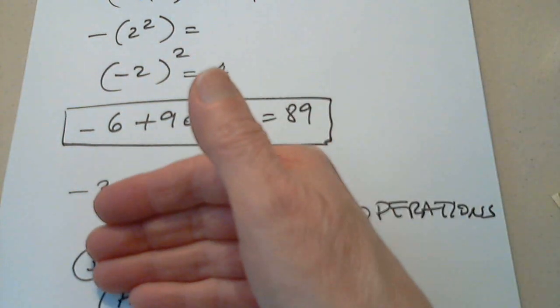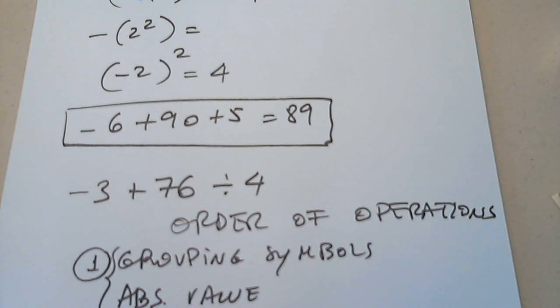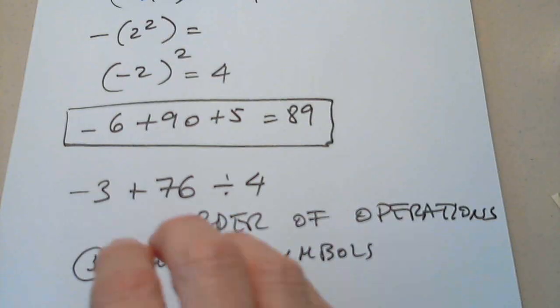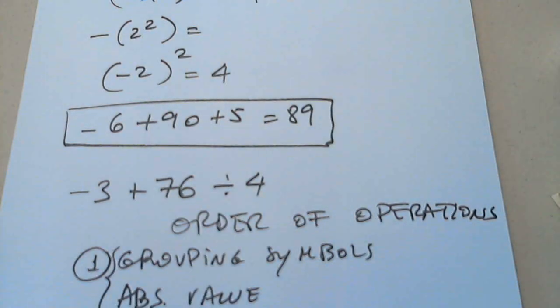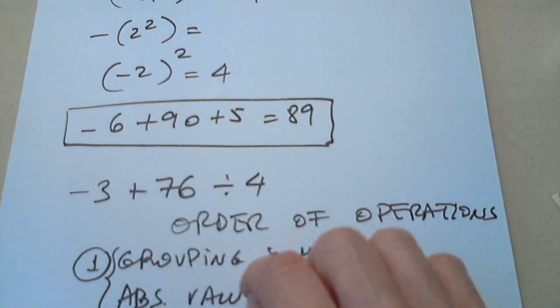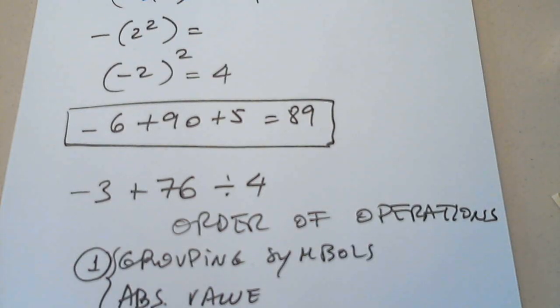Okay, moving on, let's say I took care of that. What will be the next step? The next step is exponents. So again, if there are grouping symbols and absolute value, and inside them I have exponents, I have to perform exponents first. Number 3, multiplication and division, and this is important, from left to right.